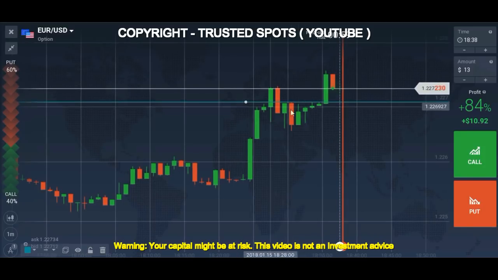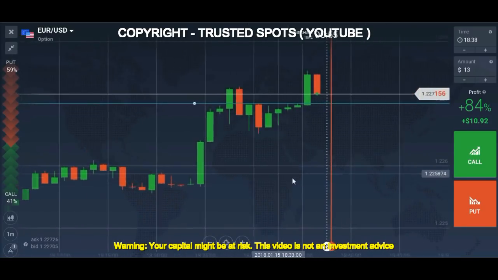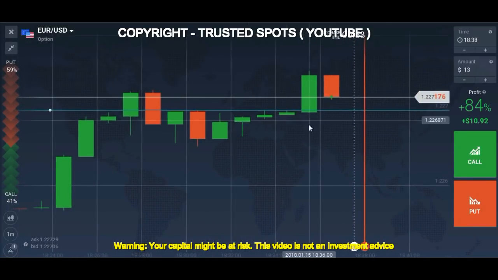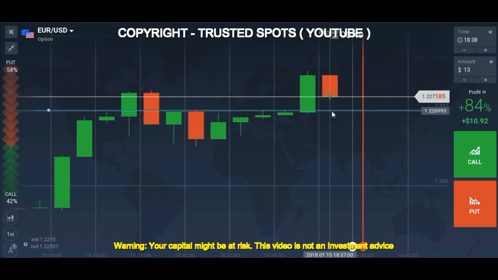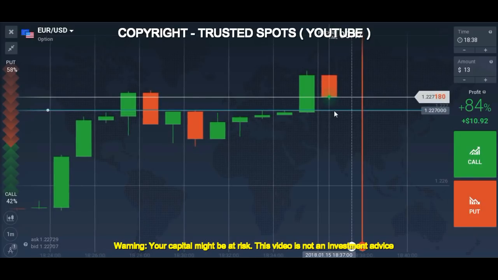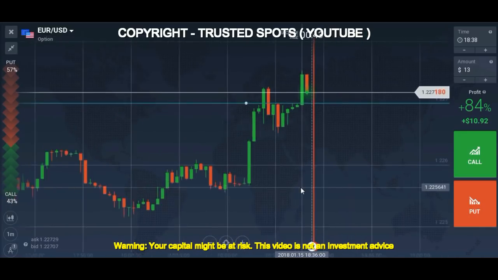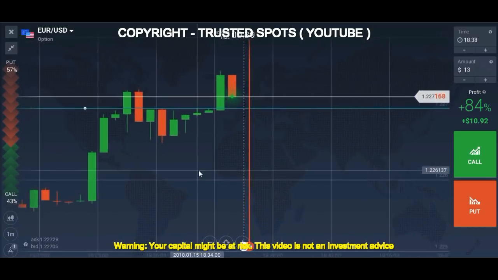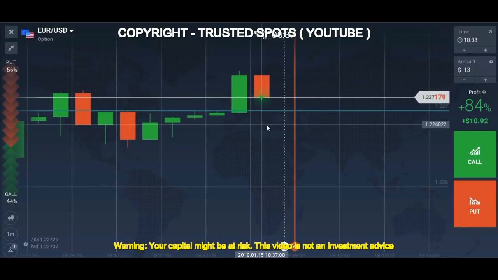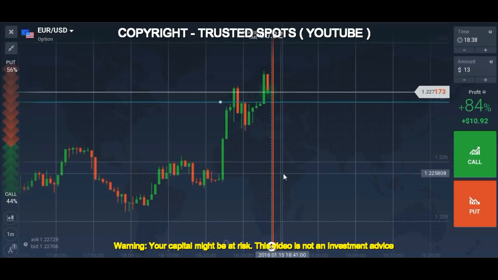This level is looking strong, and I will trade as this is a breakout candle, so I will wait from this level as it is a whole number, let me check, 1.227000. So it's a strong level, and it was working before as a resistance, so now it will work as a support. We need to wait for the right time. We will trade with the trend.